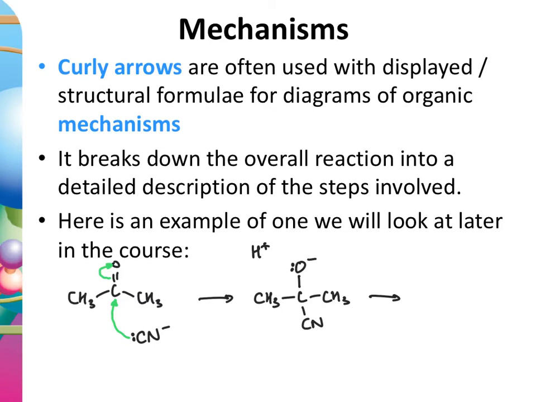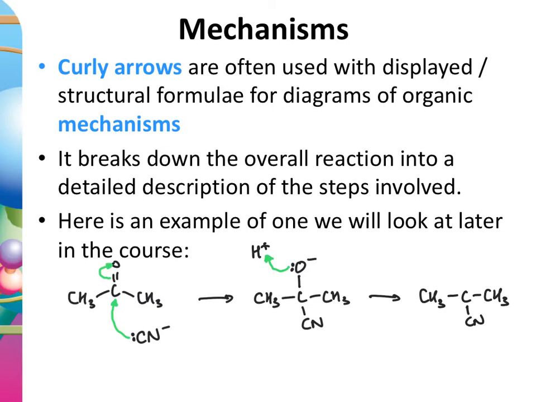The pair of electrons on that negatively charged oxygen would attack that. So again, it's a pair of electrons moving, being shown, and then we end up with our final product.